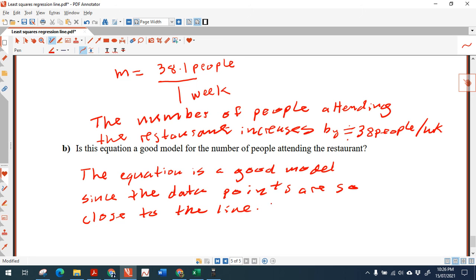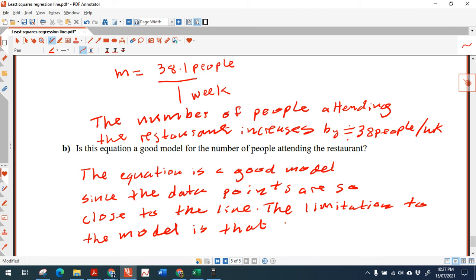The limitation to the model, so I mentioned the limitation, is that the number of people can't keep increasing because you're going to run out of seats.